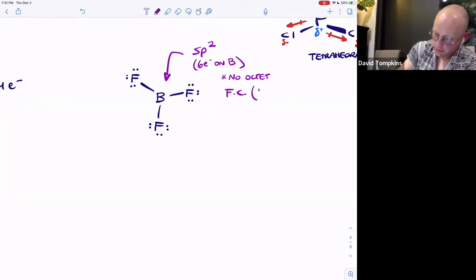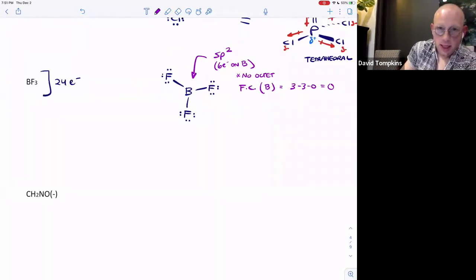The formal charge of boron is 0. It's 3 valence electrons minus 3 bonds minus 0 lone pairs. So that gives us sort of a happy boron atom that actually lacks an octet and has an empty p orbital.